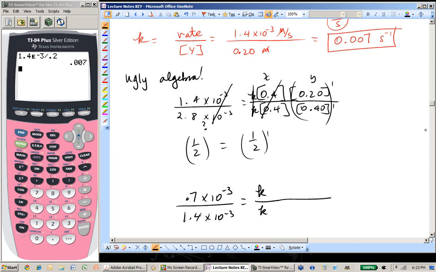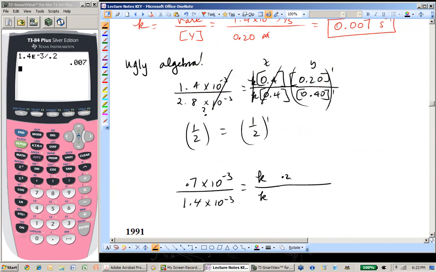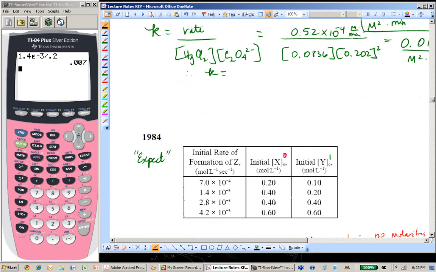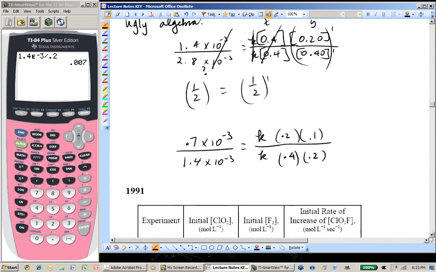The 0.7 line was 0.2, 0.1. 0.4, 0.2. 0.7, this cancels, this cancels. 0.7 over 1.4 is going to be 1/2. And this side, you're wondering what the exponent's going to be on it, because that's the relationship with the rate.